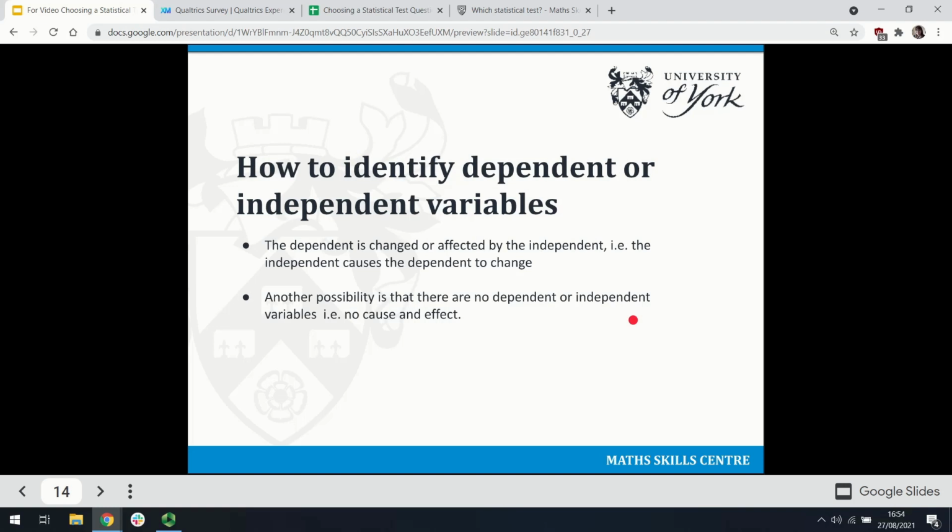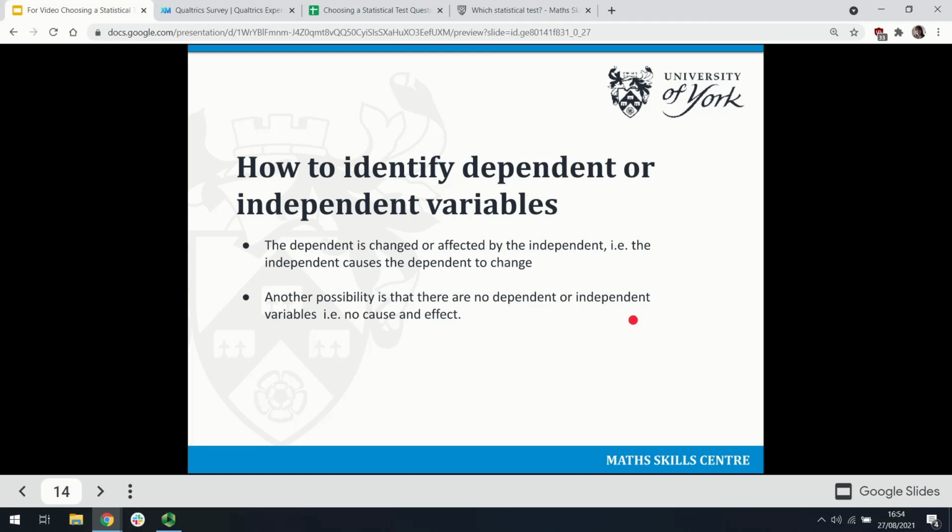So how do we go about identifying which variables are dependent and which are independent? We have to think about the relationship between the variables. The dependent variable is changed or affected by the independent variable. Put another way, the independent variable is causing the dependent variable to change.